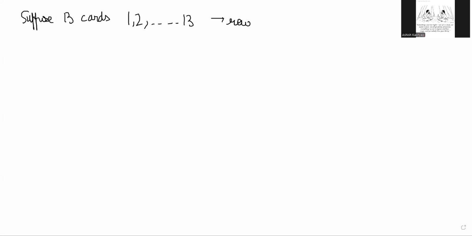And the task is to pick them up in numerically increasing order, working repeatedly from left to right. In the example below, cards 1 to 3 are placed on the first pass. 1, 2, 3 are placed on the first pass.